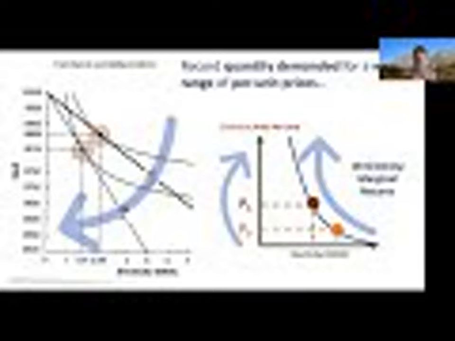This is the delta Q, the change in quantity, and I divide by the original quantity, and this is the change in price, and I divide by the original price.